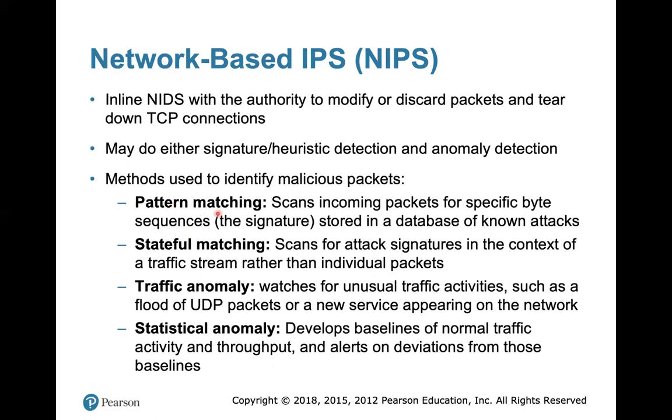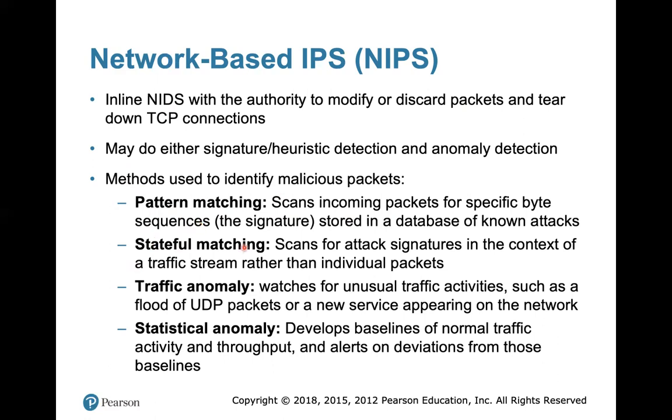They may do pattern matching. They scan incoming packets for a specific sequence of bytes in a packet and compare it against existing signatures. If that signature is found, that traffic is going to be rejected or denied.